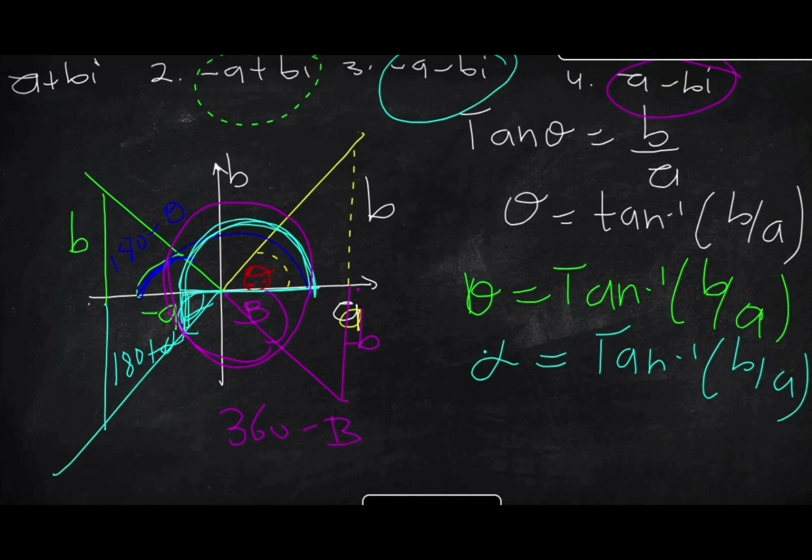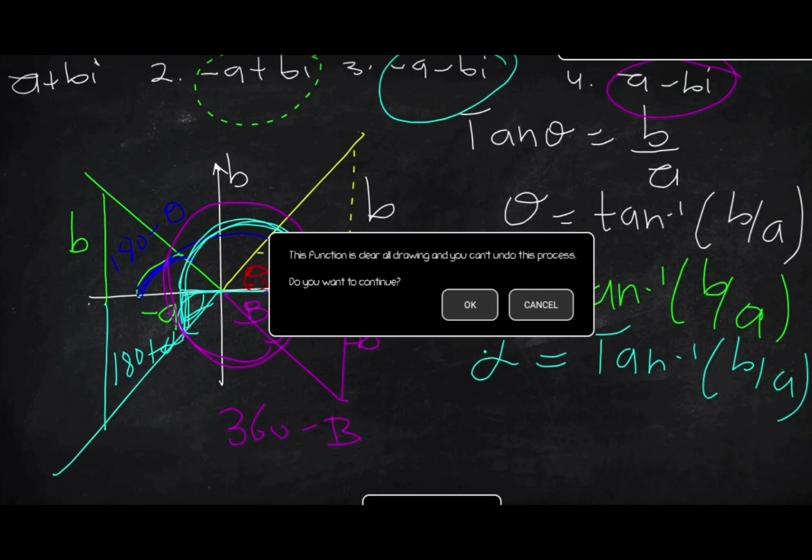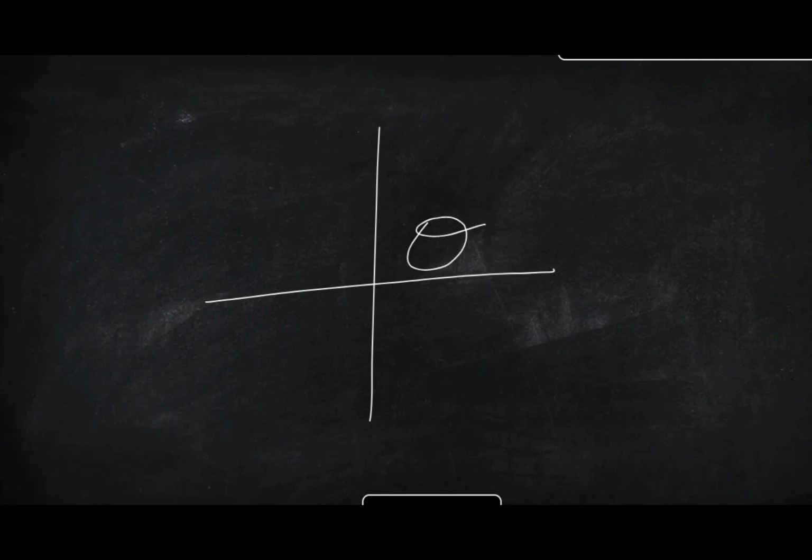Let me give you the key note here. The very key note that you should know anytime you are computing the argument of any complex number is to first of all know the quadrant that it lies. If it lies in the first quadrant, it is the same angle you get. If it lies in the second quadrant, 180 minus the angle you get.